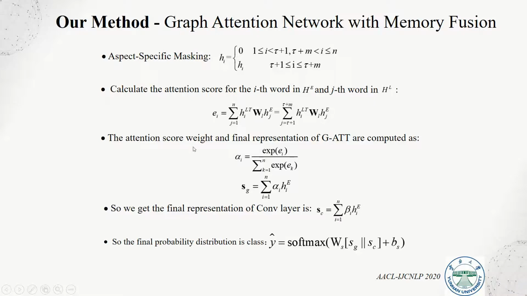The attention scores and the final representation of the graph attention layer are computed as follows. So we can get the final SG. Similarly, we can get the final representation of the convolutional layer, SC. So the final probability distribution over class Y is obtained through the softmax like this.